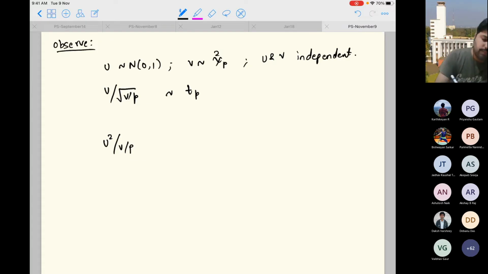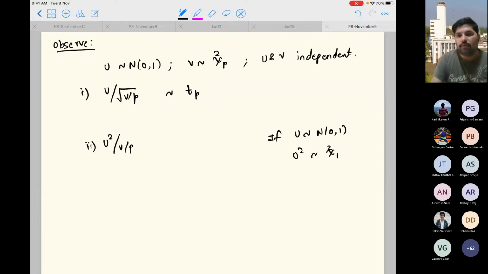If U is normal 0, 1, what is U square? It is chi-square 1. Is that right? And this is basically U square divided by 1, divided by V by P. So you have a chi-square density divided by its degrees of freedom, and V is also a chi-square density divided by its degrees of freedom.